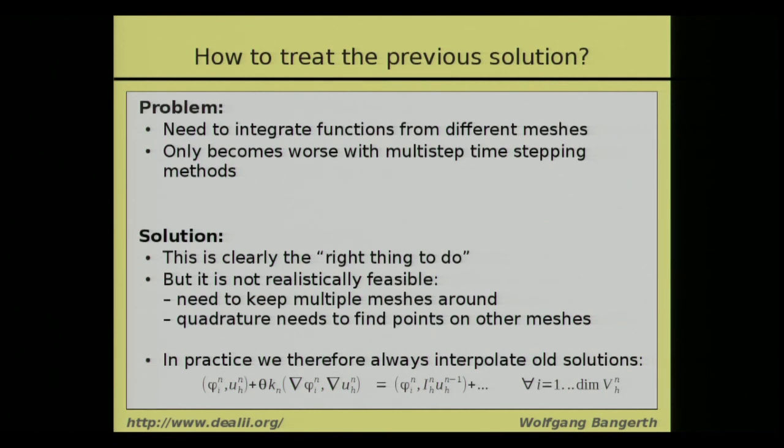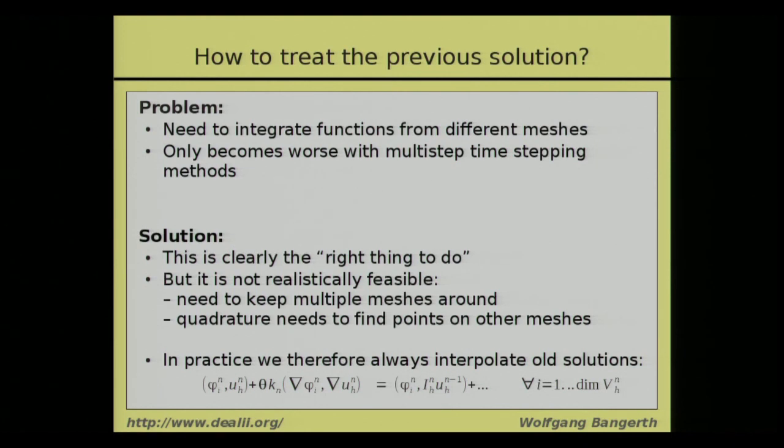So not just solution at time step n and n minus 1, but n minus 2 and n minus 3 as well, for example. And in a case like this, you would have multiple solution vectors and potentially multiple meshes. And that process does not become feasible. I mean, doing this integration of the solution on one mesh against the shape functions on another mesh is clearly the right thing to do mathematically. This is what comes out of the formalism of the Rothe method. But it is not something that is, let's say, practically feasible.